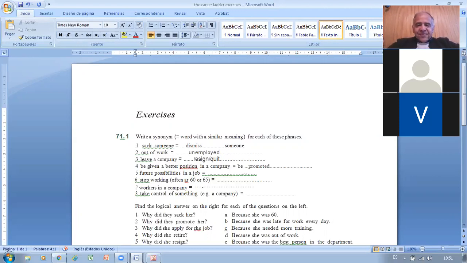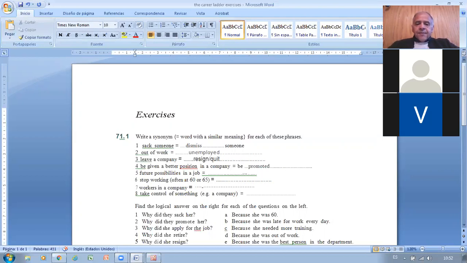No. Let's leave it. You have to read that in order to learn. I'm not going to tell you, because it's better when you read it and then do the exercise. Stop working, often at 60 or 65. Retire. Retired. Yeah.